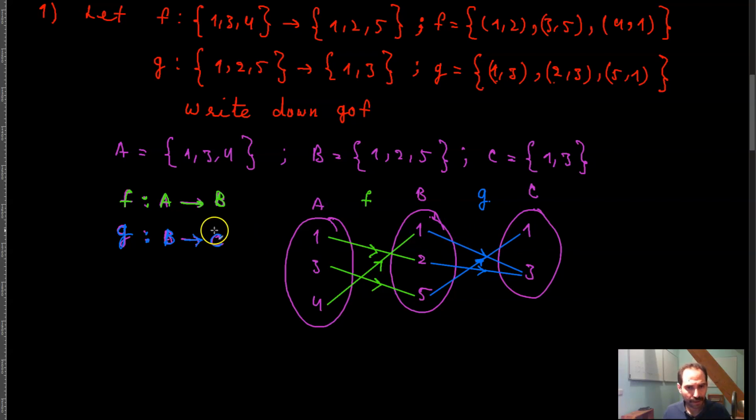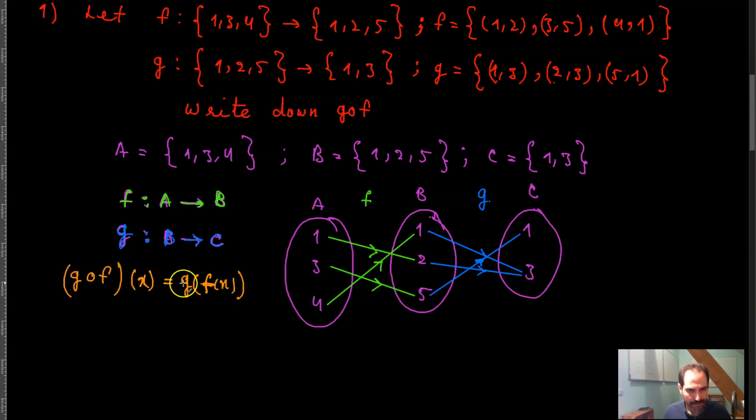Now, basically g∘f is a function that takes you from A to C. g∘f is basically the same thing as g of f of x. If I write this as g∘f of some arbitrary variable x, that is the same thing as g of f of x.